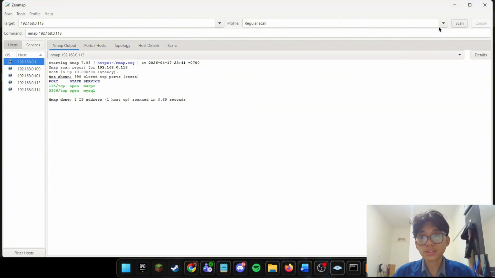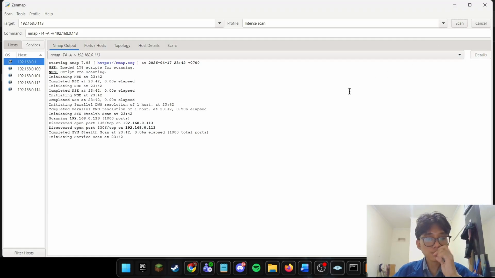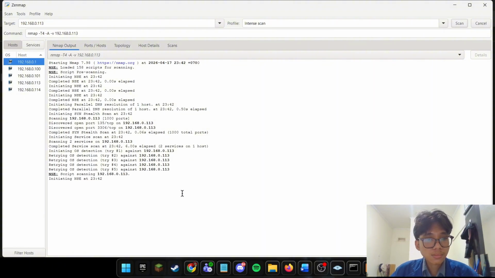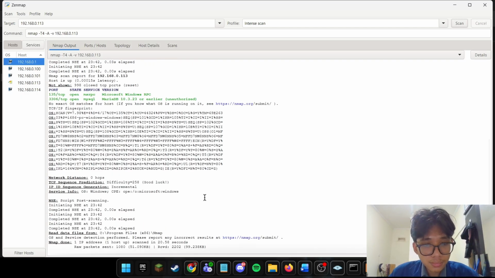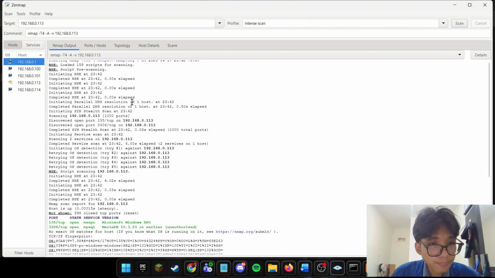Next, I perform an intense scan. This scan provides deeper analysis by enabling service detection, version detection, and operating system identification.